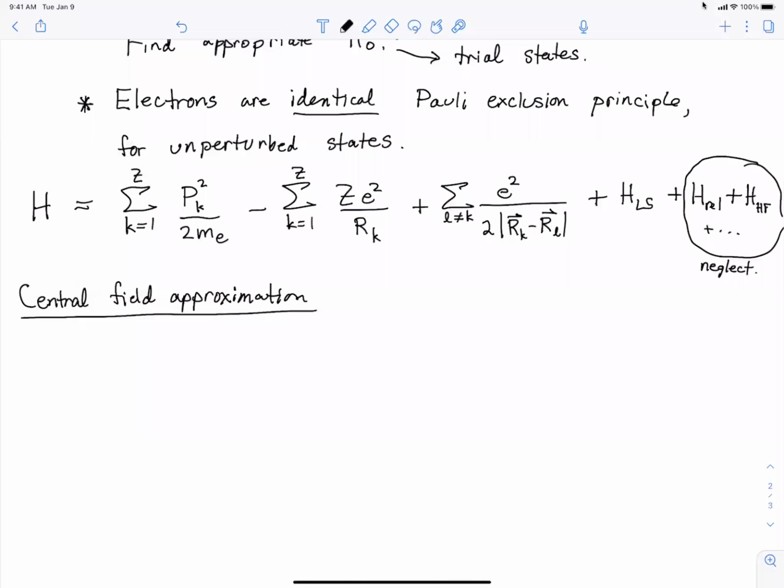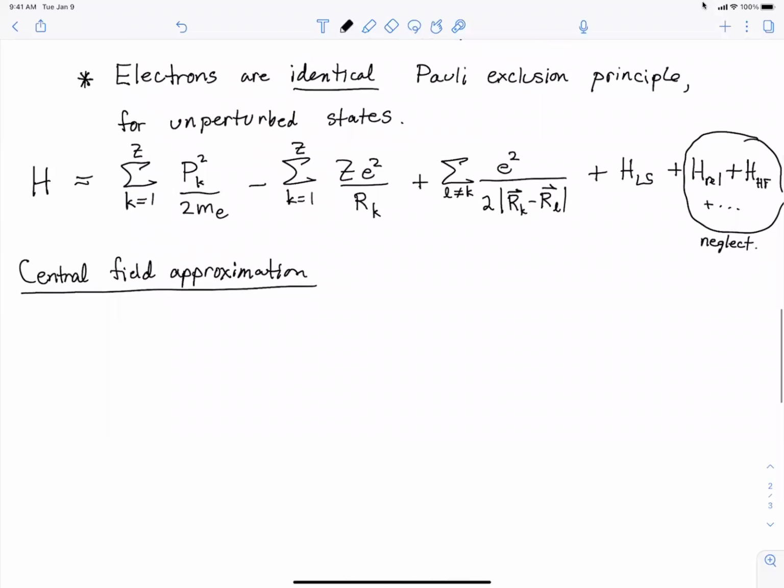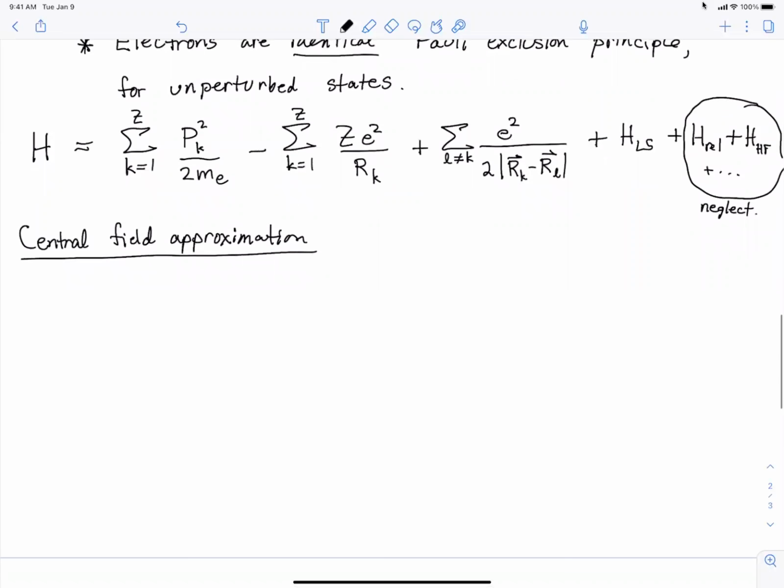Okay, and the central field approximation basically amounts to dividing this into perturbed and unperturbed parts in a clever way. And so let me say what we do first.